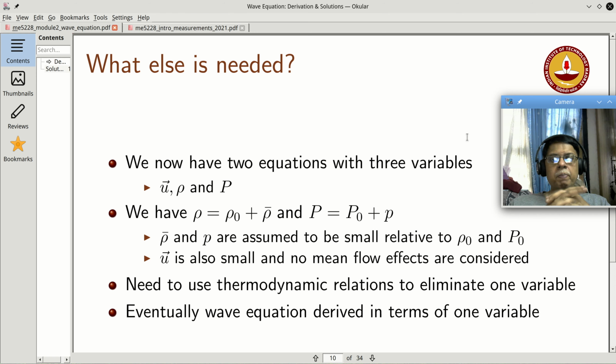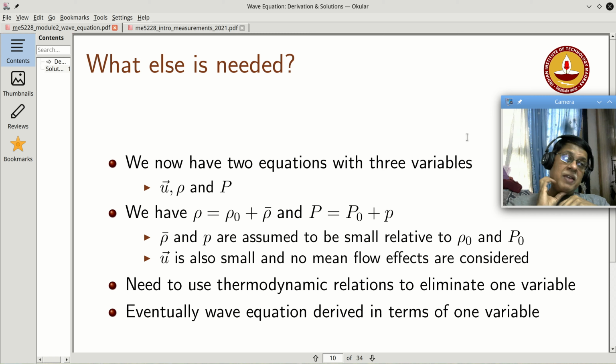We'll come to that. The thing you have to remember is that the density rho is some mean density rho naught plus rho bar, which is the acoustic density fluctuation. Similarly, capital P is P naught, the mean atmospheric pressure, plus small p, the acoustic pressure fluctuation.